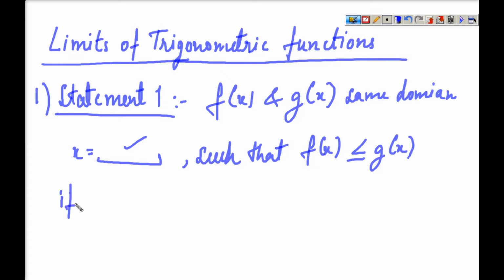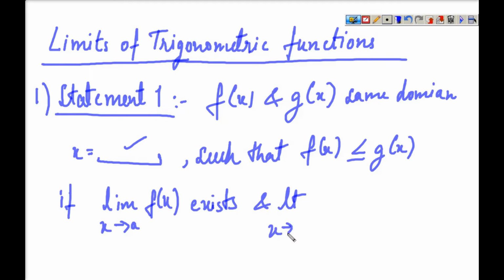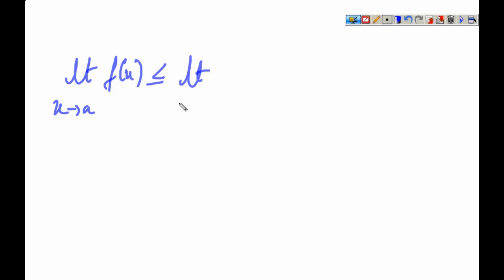And if the limit exists at any point a, suppose both limits exist, that is, the limit as x approaches a of f of x exists as well as the limit as x approaches a of g of x, then the statement simply says that the limit of f of x will be less than or equal to the limit as x approaches a of g of x. It's a very simple statement.